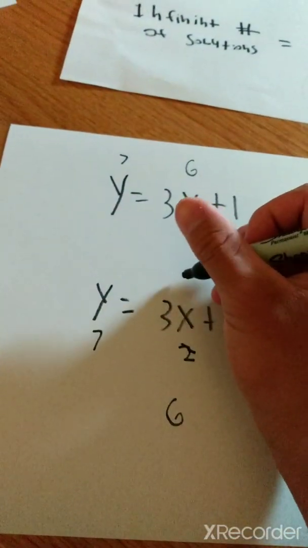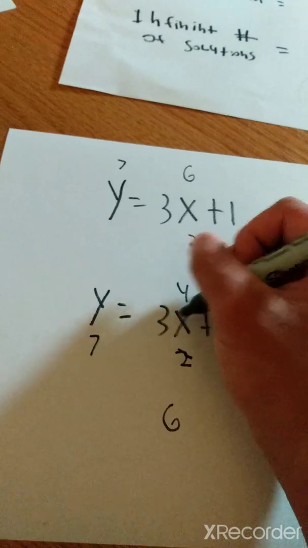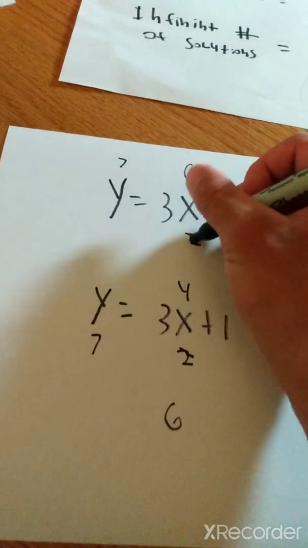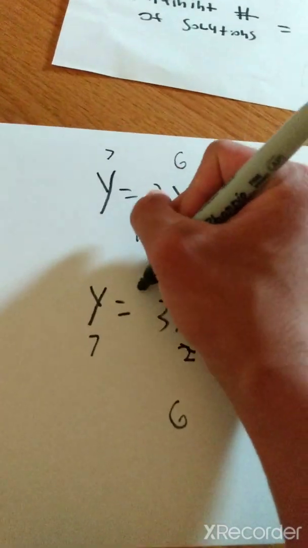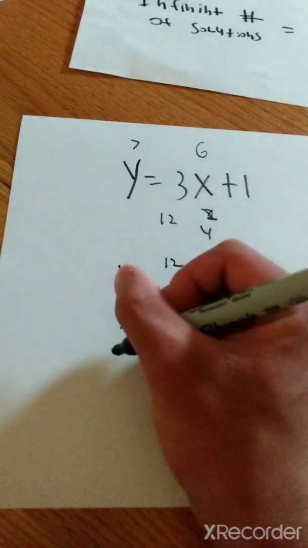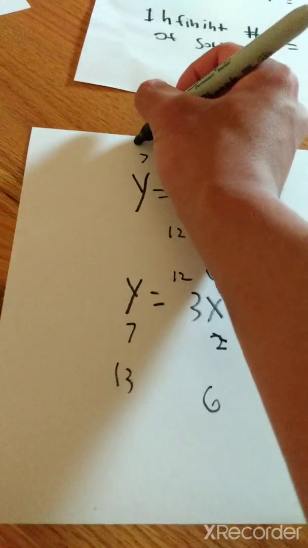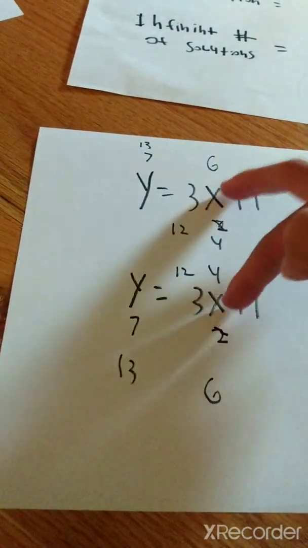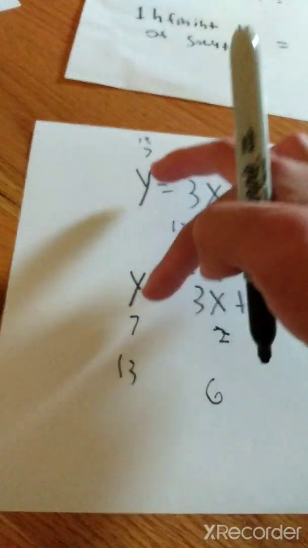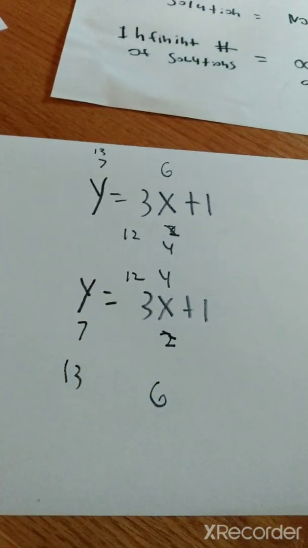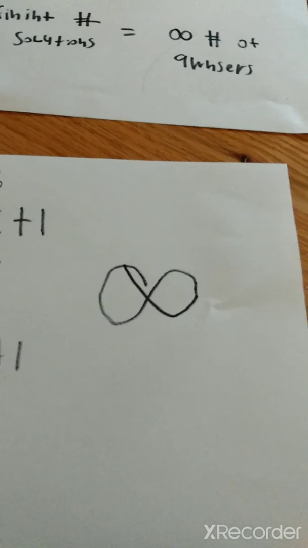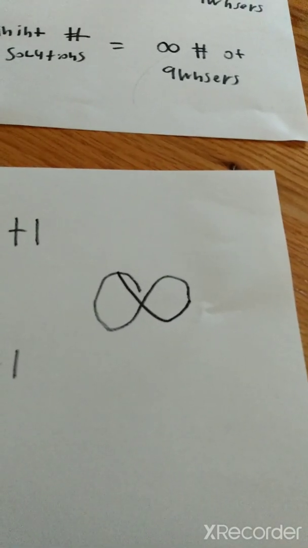Or if we put in 4 for x on both sides, 3 times 4 is going to be 12, and if we add 1, y is going to be 13. So no matter what number we put in for these two equations, we'll always get an answer that will make these two true. So that's why we get an infinite number of solutions.